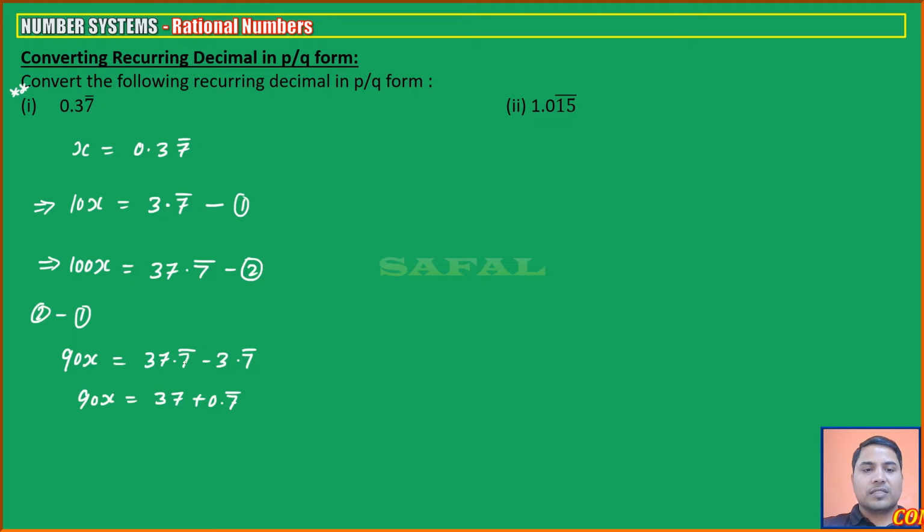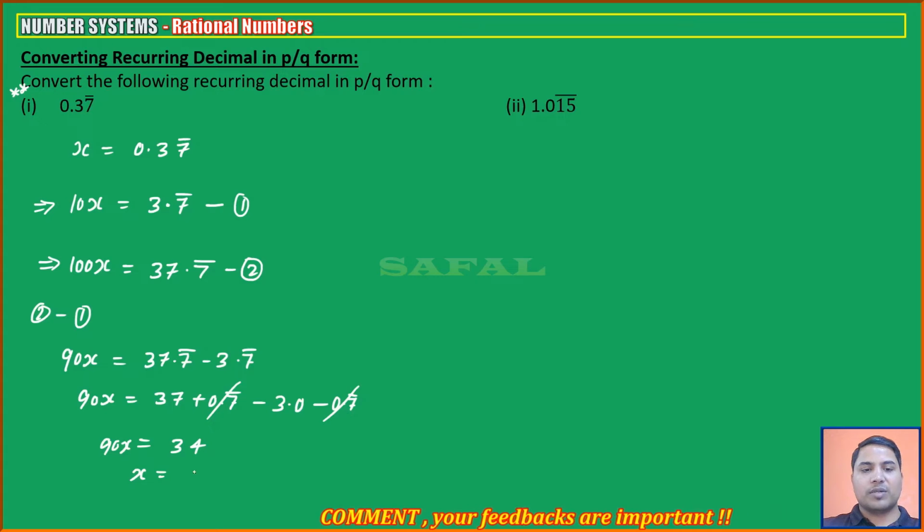Similarly, minus 3.7 I can write as minus 3.0 and minus 0.7 bar. Why am I writing it this way? So that you'll understand. This 0.7 bar and 0.7 bar will get cancelled. Now 37 minus 3 is what? 34. So 90x equals 34. So x becomes 34 by 90, or maybe 17 by 45.